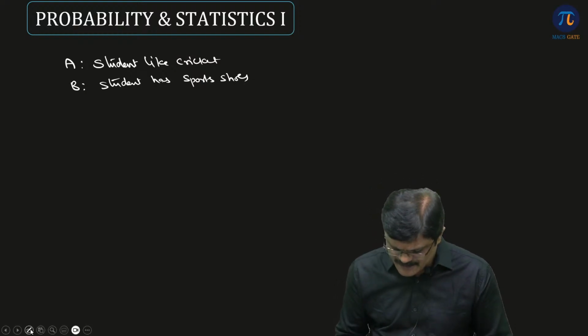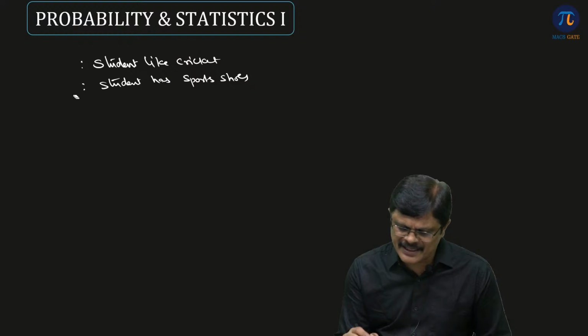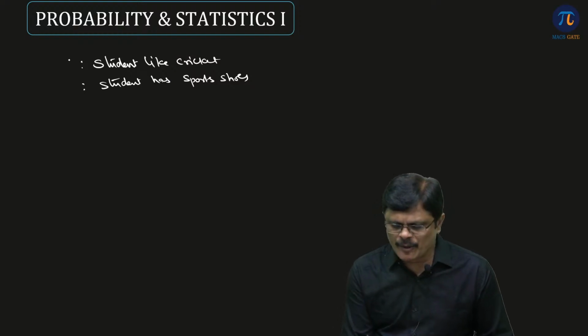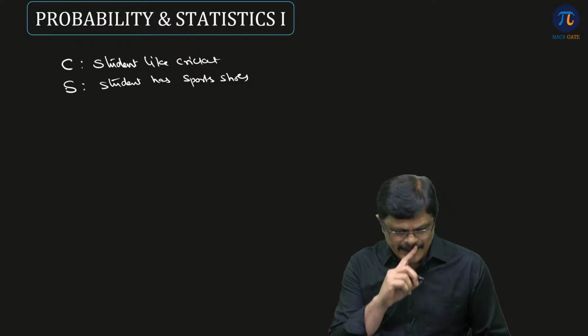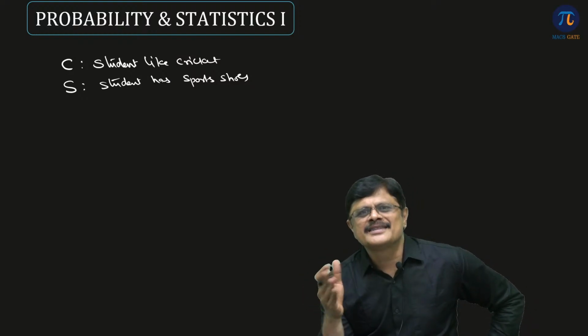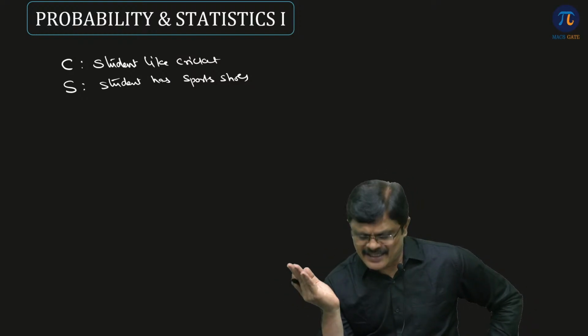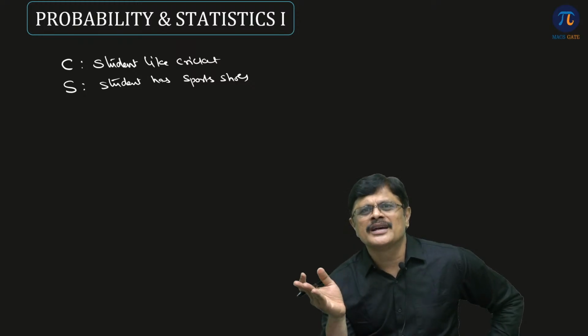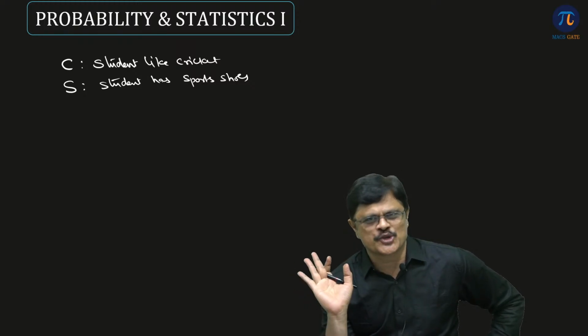Or let us make it simple: call it C and S, because it would be easy for us. C means he likes cricket. C complement means he does not like cricket. S means he has sports shoes. S complement means he does not have sports shoes.